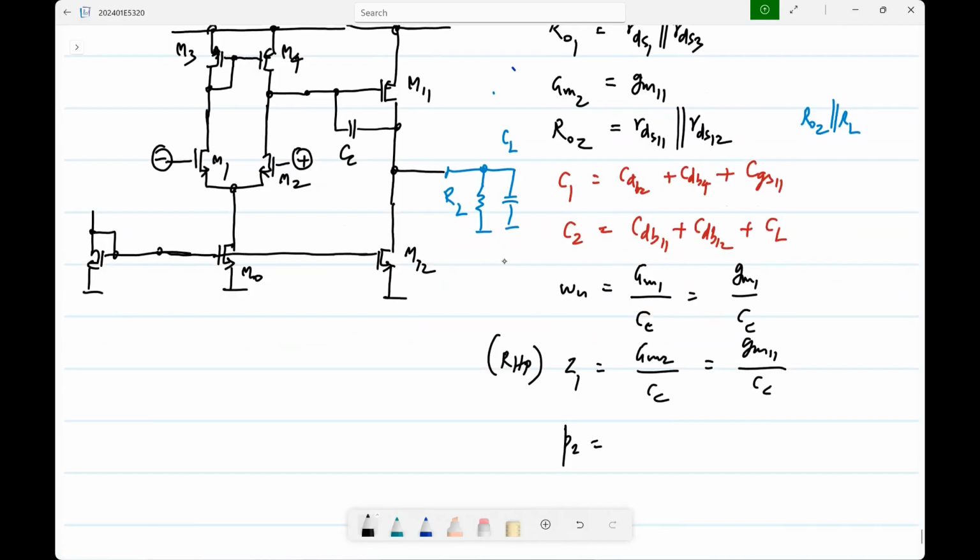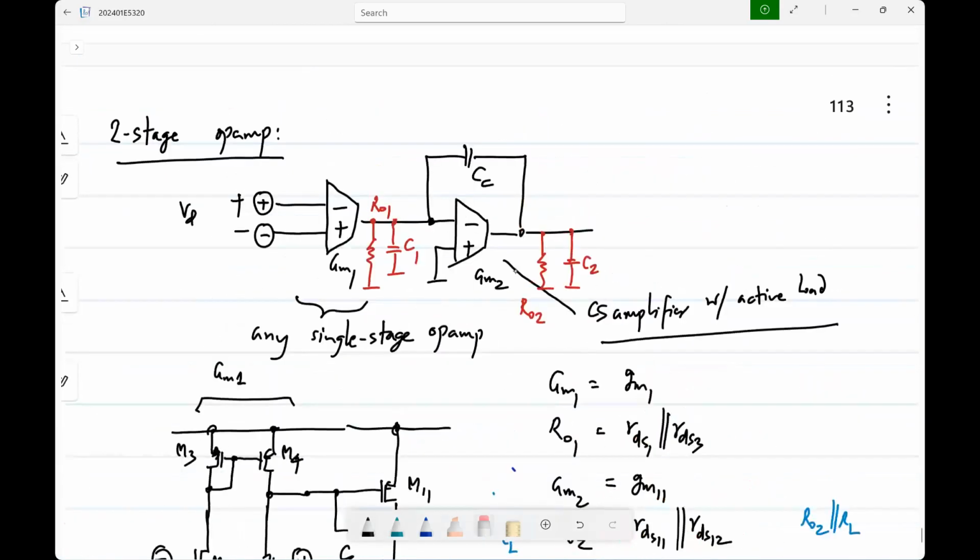Please go back and revise all this if you're not familiar, because we have done this enough at the control source level. P2 will be of the form of some conductance by some capacitance. The conductance part is GM2, but a fraction of GM2 because you have this voltage division between CC and C1.